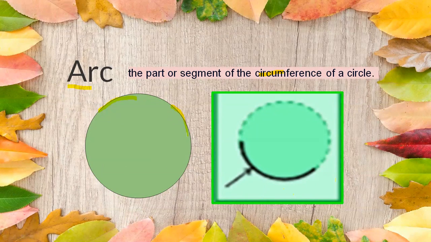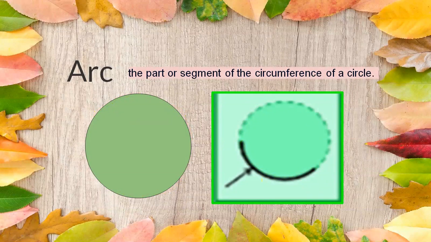Just like I'm taking from there to there, it's an arc. I am highlighting this part, it's an arc. It's another arc. You can show it by highlighting this area.